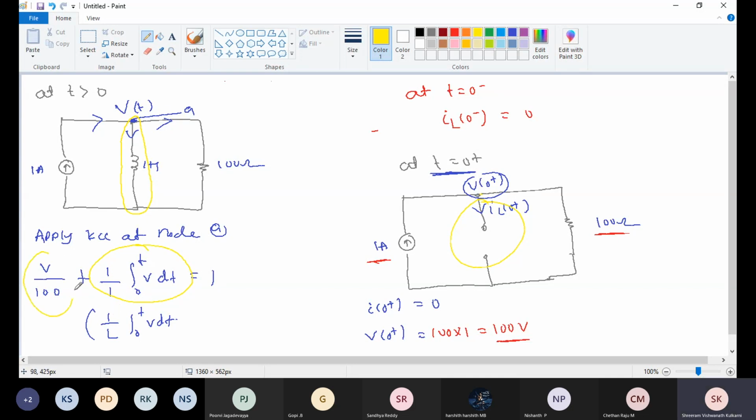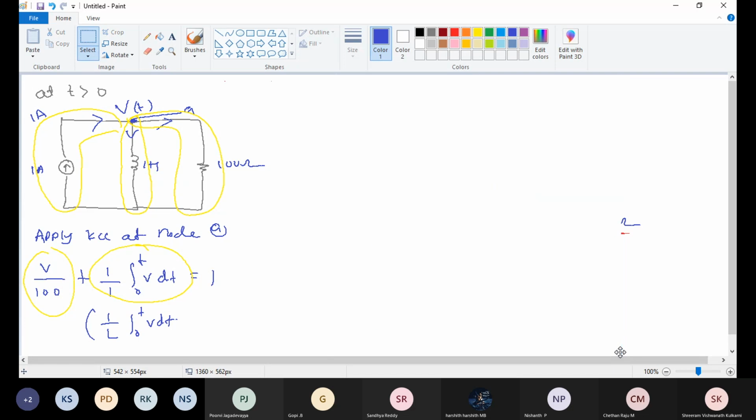Already the current flowing in this branch is 1 ampere. Now I got V by 100 plus 1 by 1 integral from 0 to t of V dt equals 1.